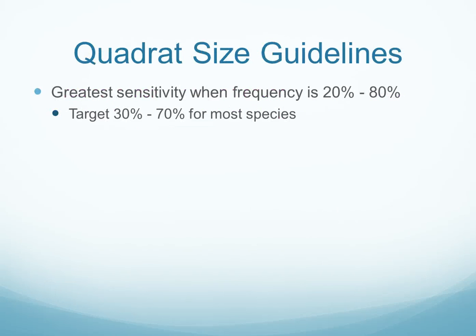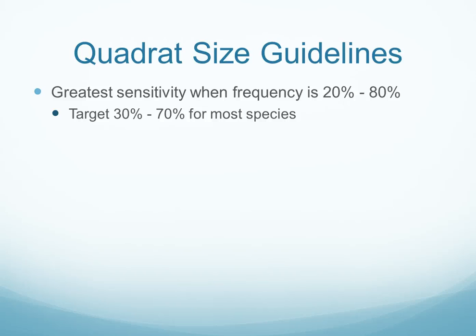There are a few guidelines that we do use on how to determine what is the appropriate quadrat size. First of all, when we're doing frequency measurements and want to interpret the data, we have the greatest sensitivity when the frequency is between 20 to 80%. We like to target 30 to 70% for most species, especially for the species with which we have the greatest concern.